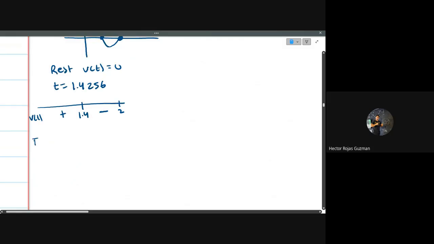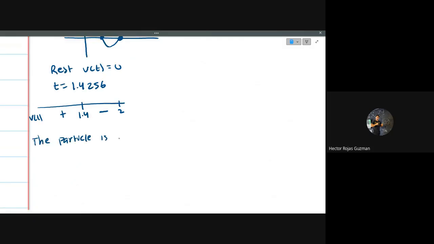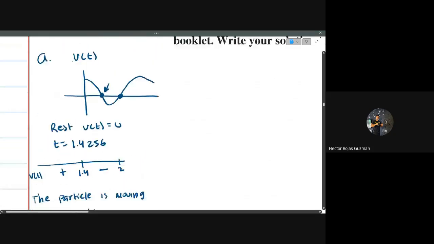So, the particle is moving to the right on the interval from 0 to 1.4256 because the velocity is positive.